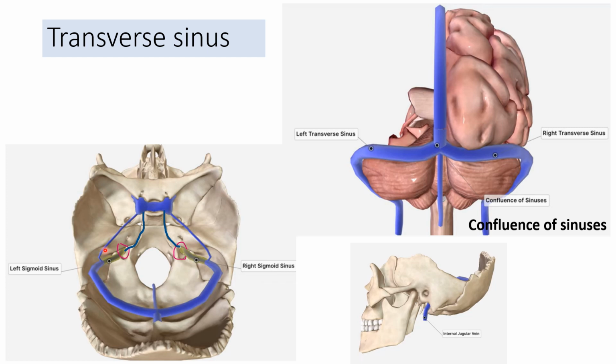And the placement of the superior petrosal sinus, inferior petrosal sinus, the cavernous sinus, and the intercavernous sinus. They are also unpaired sinuses, the anterior intercavernous sinus and posterior intercavernous sinus.